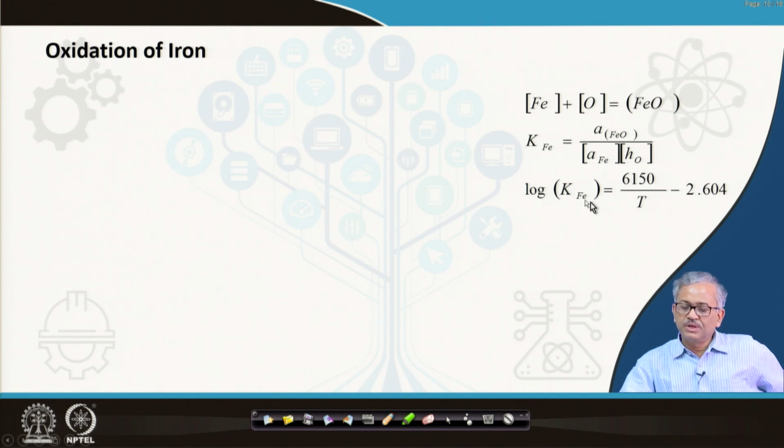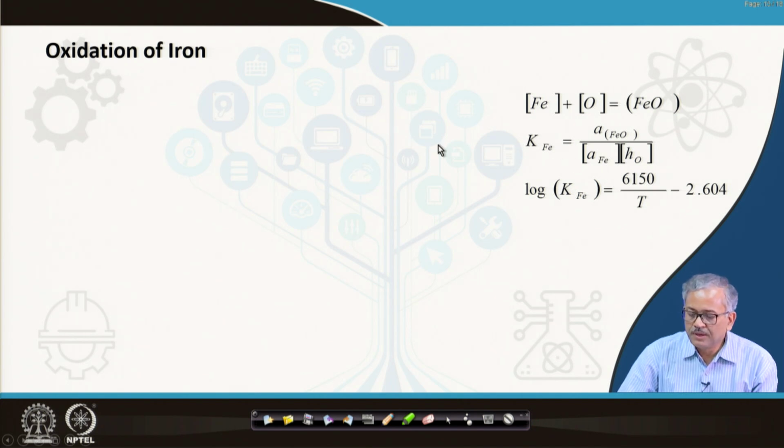If I represent the activity of dissolved oxygen with respect to the Raoultian standard state, then this expression would have been a little different. This expression is considering that the dissolved oxygen is being represented on the Henrian scale, so it is not a problem. If you have the proper K_Fe value, you can do that.